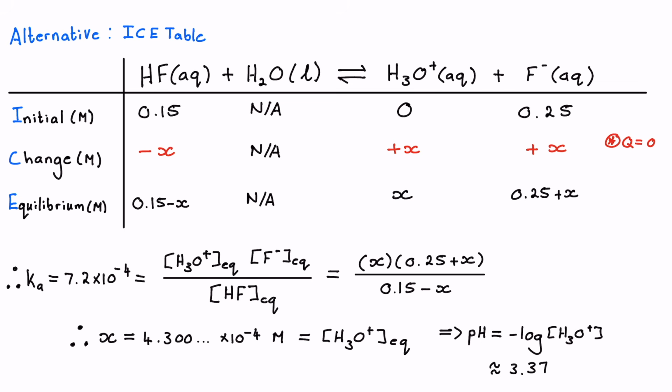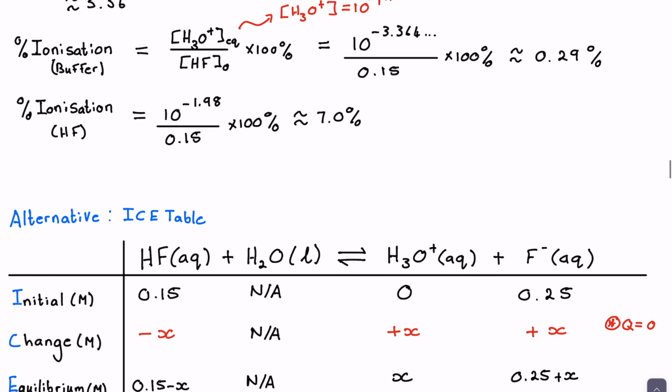But should you forget about that, you can treat the ICE table method as an equilibrium where you have a common ion, both of them, and use the hydronium ion concentration to calculate the pH. It's also perfectly reasonable, and even though you might say, oh, 3.36 and 3.37, that's not significant, that's basically the same pH. So that's just for interest mainly.